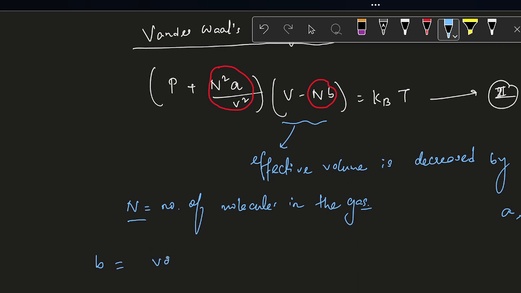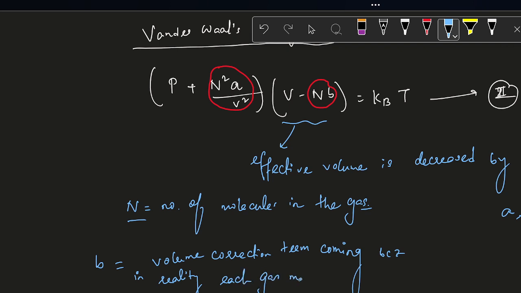So this is the volume correction term, coming because in reality each gas molecule occupies some finite volume in the container where the gas is kept.